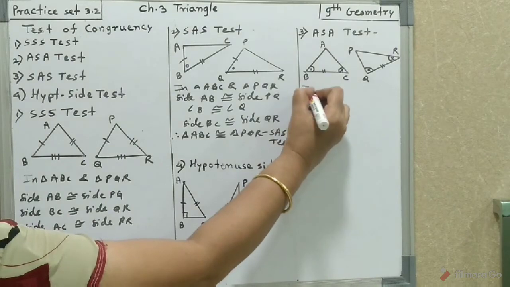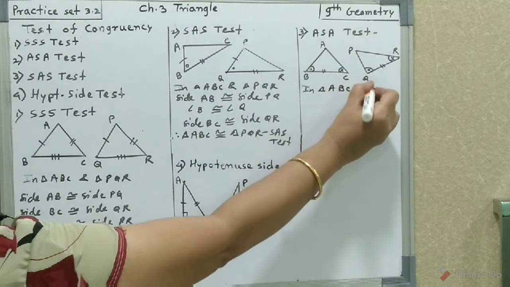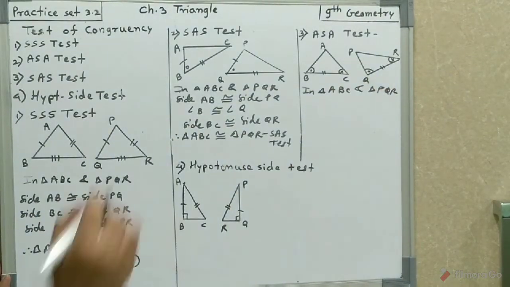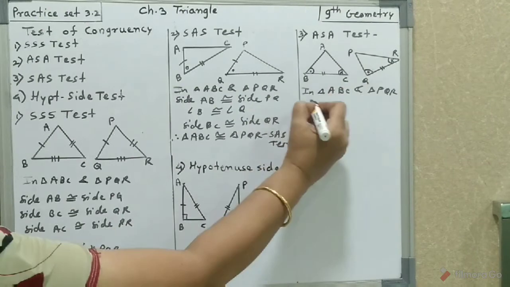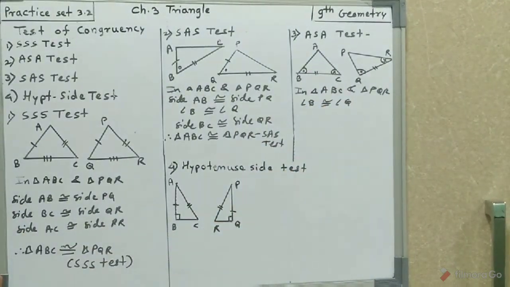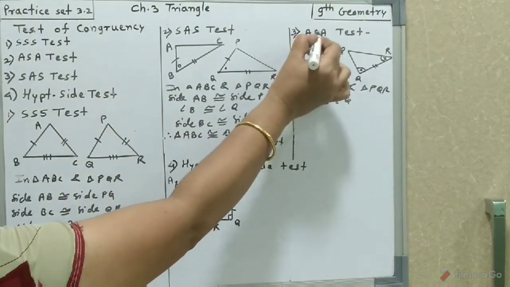So we write here, in triangle ABC and triangle PQR. So in these two triangles, which angle is equal first? Angle B congruent to angle Q. Okay, and then which side? QR, because here it is angle side angle.